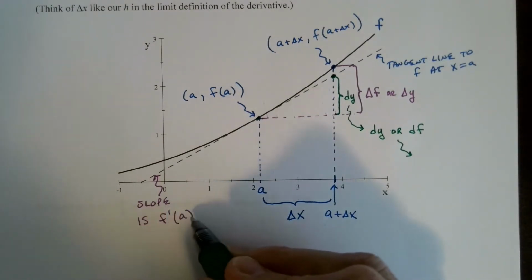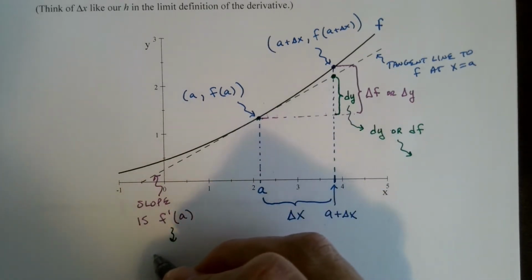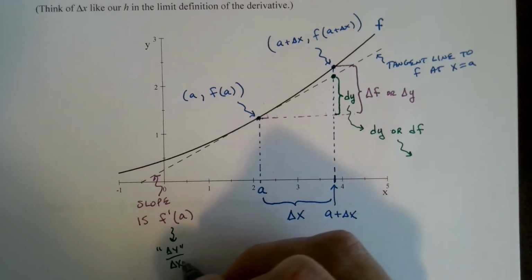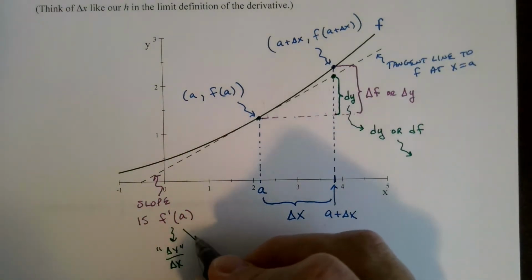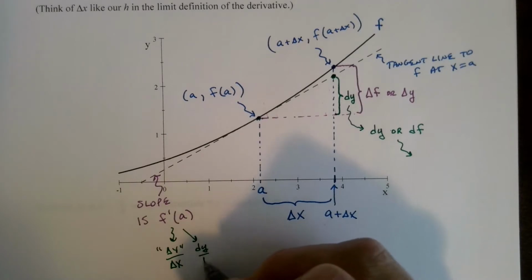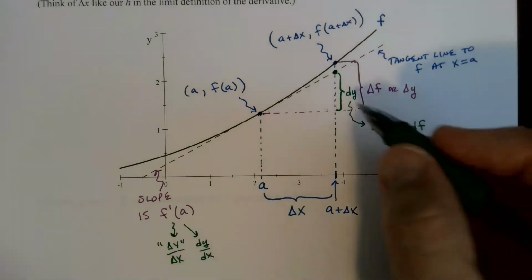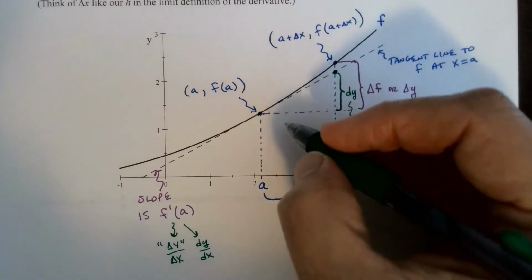Slope is change in y over change in x. But in this case, it's really dy over dx. That's the derivative, dy over dx. So we think about dx as a very small change in x, and dy as the corresponding small change in y, then we can find the value of dy from this fact.